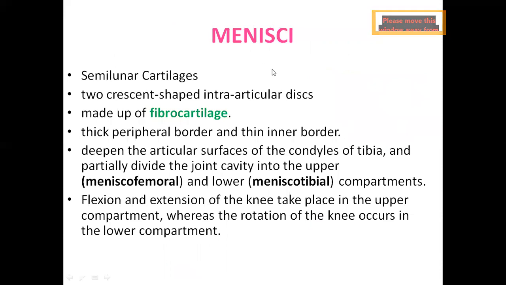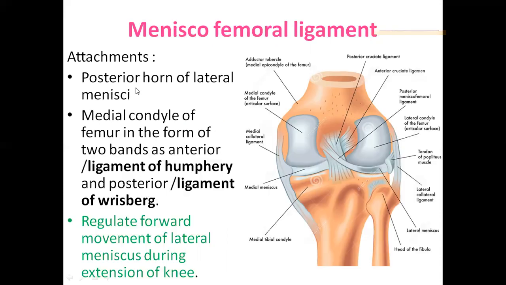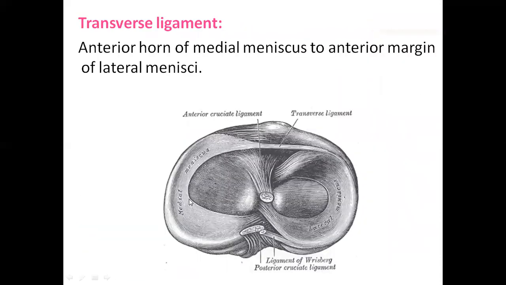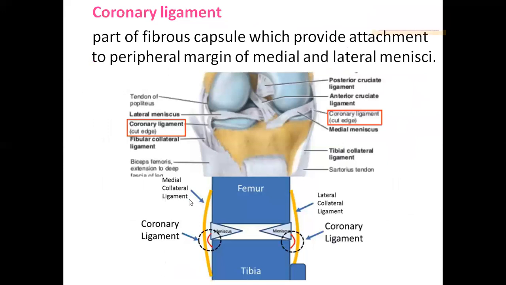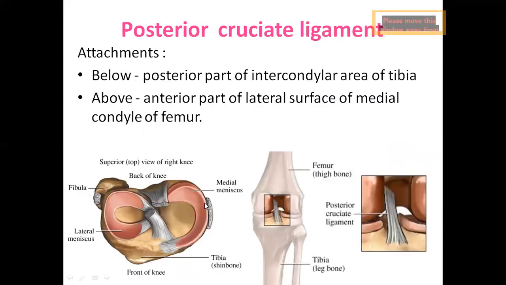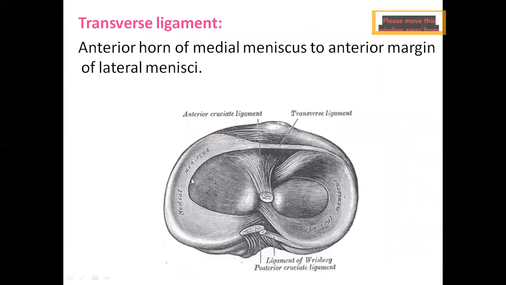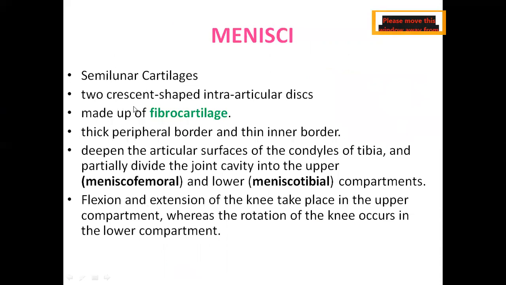Now, basically, these menisci, the medial and lateral menisci, are semilunar cartilages, right? As you can see, this is lateral meniscus, medial meniscus. These are actually fibrocartilages, two crescent-shaped intra-articular discs made up of fibrocartilage. They are thick at the periphery and the inner border is thin.